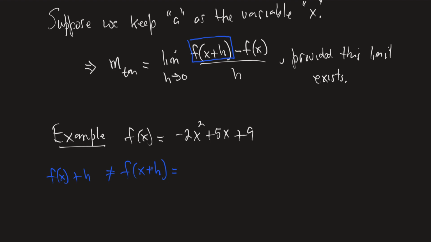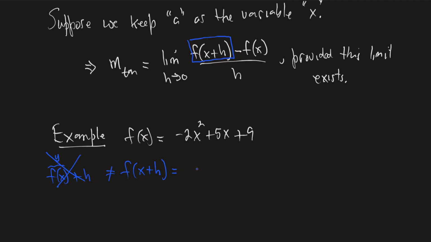This is basically saying you add the h to your x before you plug it into your function. Remember that we often refer to f of x as y. So what we would be doing is adding h to the y value, and that's not what this is saying. Unfortunately, this is a common mistake that occurs, but no, we won't do that.